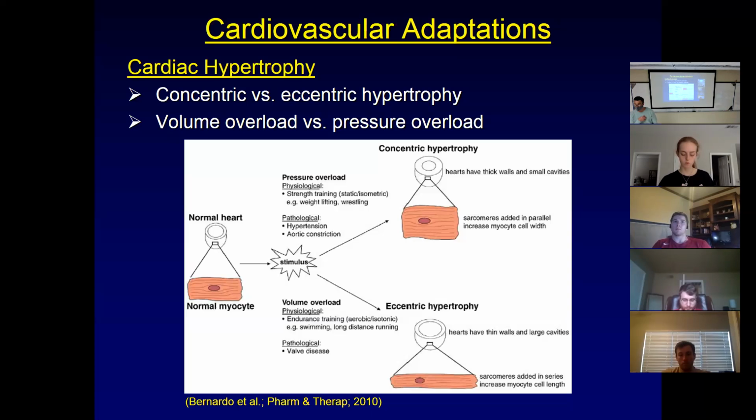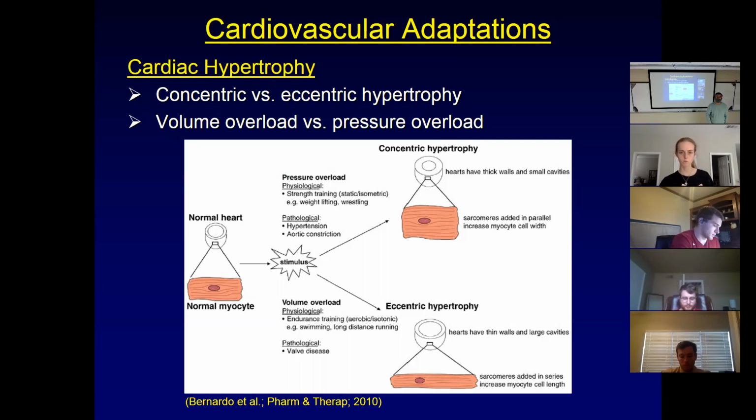It stays the same size, but the wall of the left ventricle gets thicker and thicker, and because of that, it may lose compliance. It's not going to be as stretchy. So you have a bigger heart, but it's not actually able to help you perform any better or have a larger stroke volume than you did beforehand. It's just getting bigger because it has to work against your already elevated blood pressure.